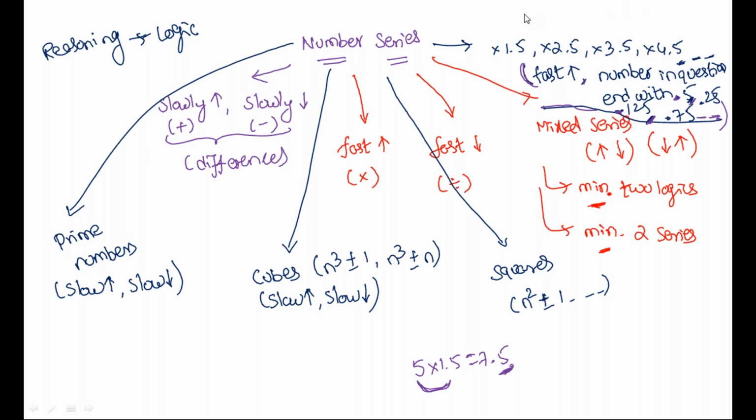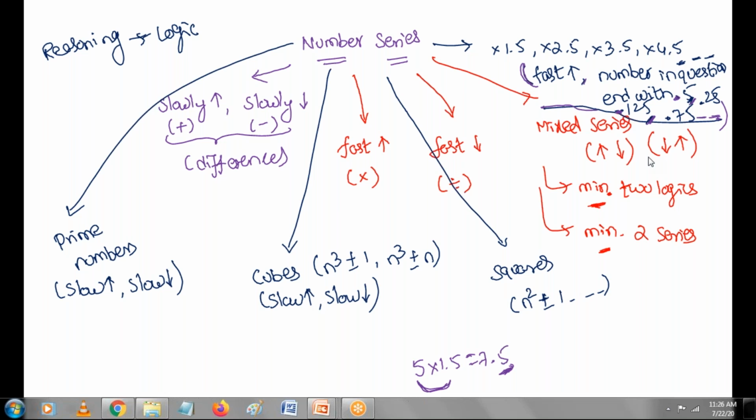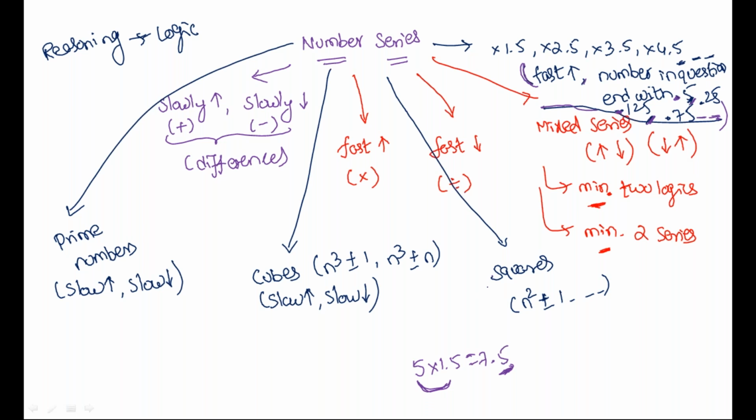Guys, please take a screenshot of this. This is very important to solve the questions. Slow increase, slow decrease, prime numbers, cubes, squares: squares are very easy. That can be done using slow increase, slow decrease easily, by taking differences. Squares logic, in most cases you can solve by taking differences itself.